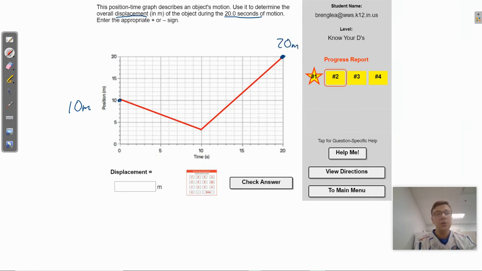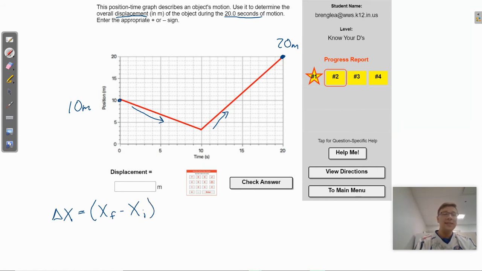The fact that the object was going backwards here and then starts moving forward again does not matter. All we care about is that final position and the initial position, because displacement, or the change in position of an object, is simply the final position minus the initial position of the object.